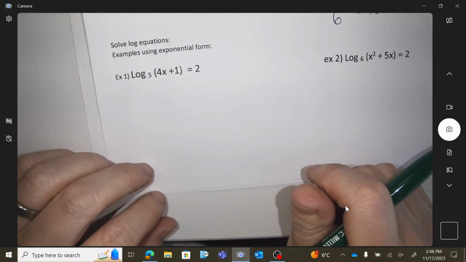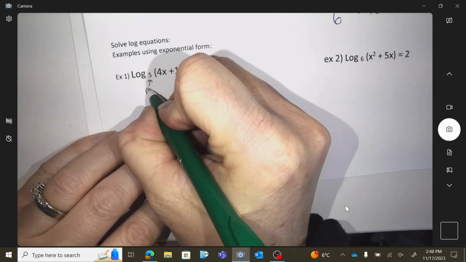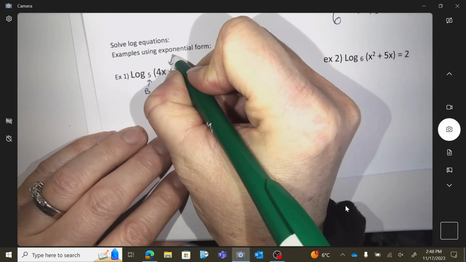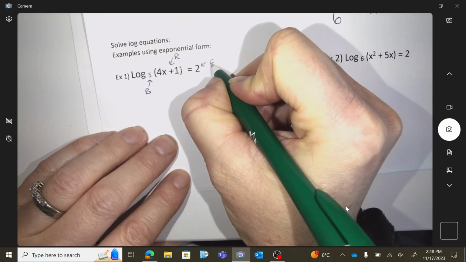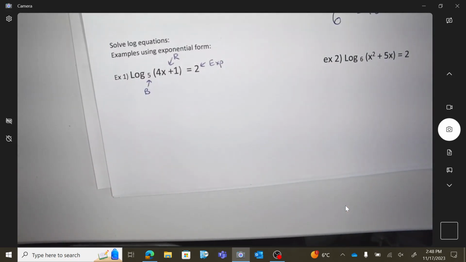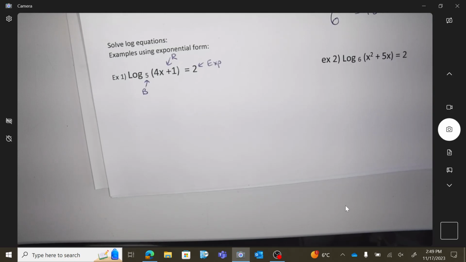Solving equations. Everybody knows their parts now? Base, result equals exponent. Can you take this from a log and turn it exponential for me? Can you move all the components around?